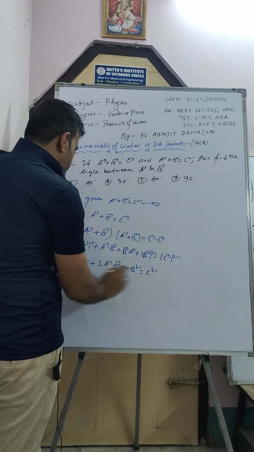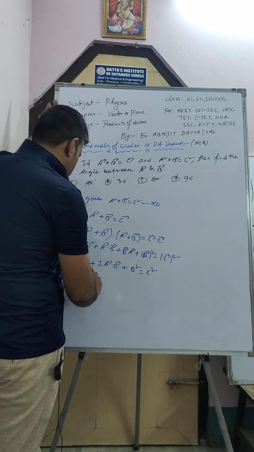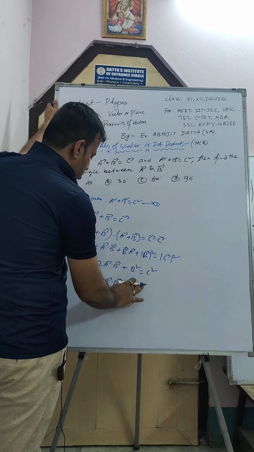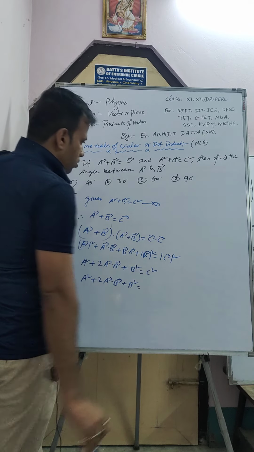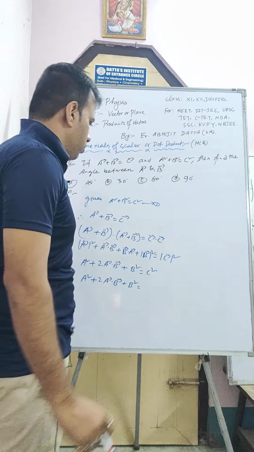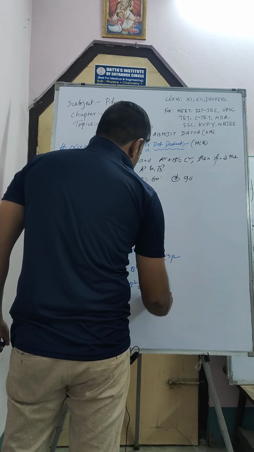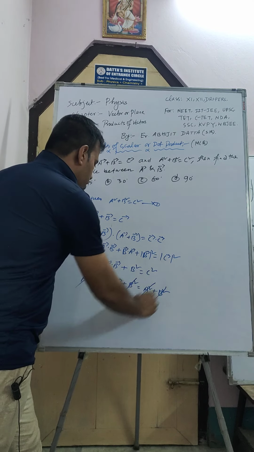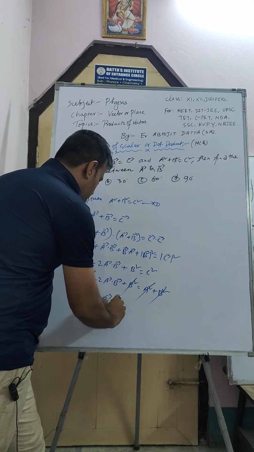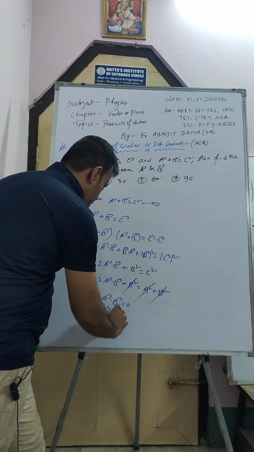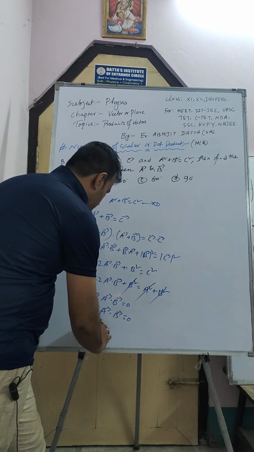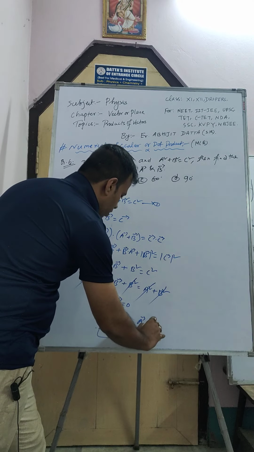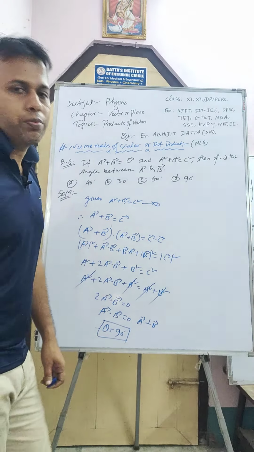And C square is A square plus B square. Now A square cancels, B square cancels. So 2 A dot B will be 0, so A dot B will be 0. Therefore theta will be 90 degrees. Since A is perpendicular to B, theta equals 90 degrees.